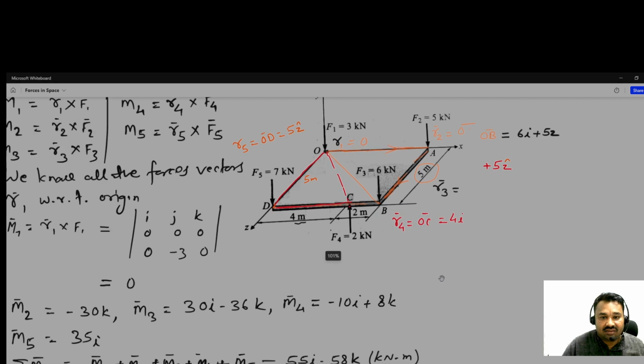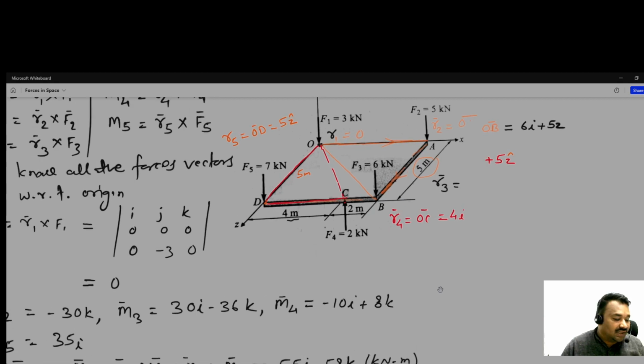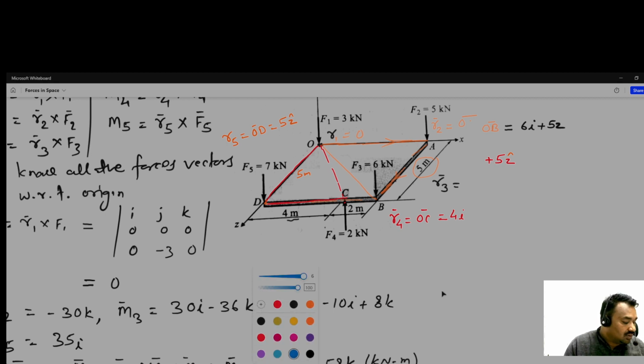So where our resultant will lie? So R is 19J along the Z direction, okay, and minus. So minus means downward, it is acting downward. And what about x distance?